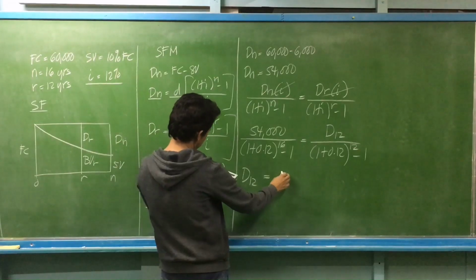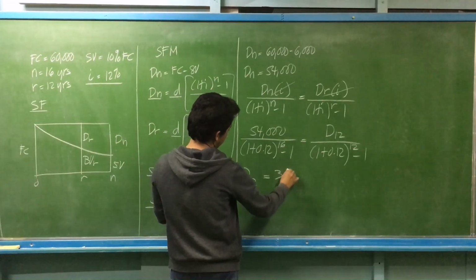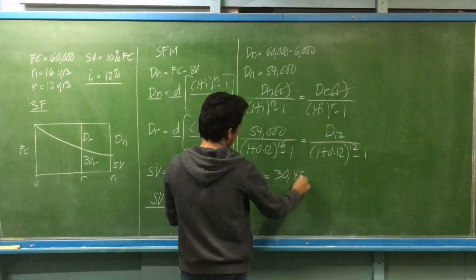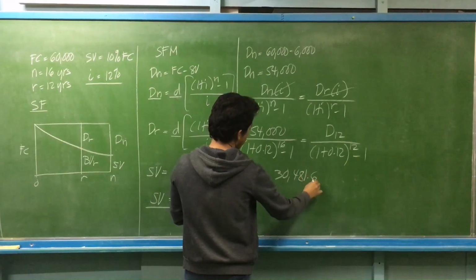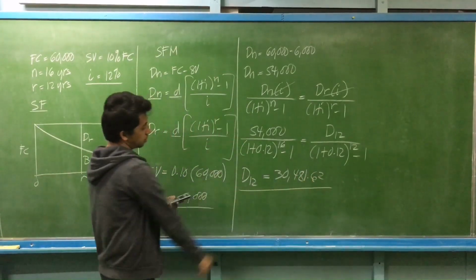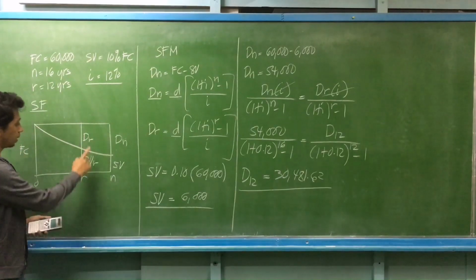So, accumulated depreciation after 12 years is equal to 30,481.62. So, yan yung accumulated depreciation on the 12th year.